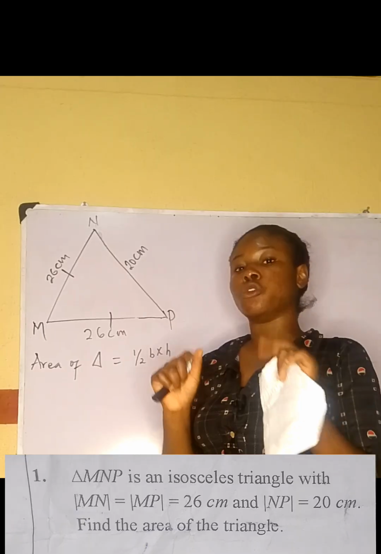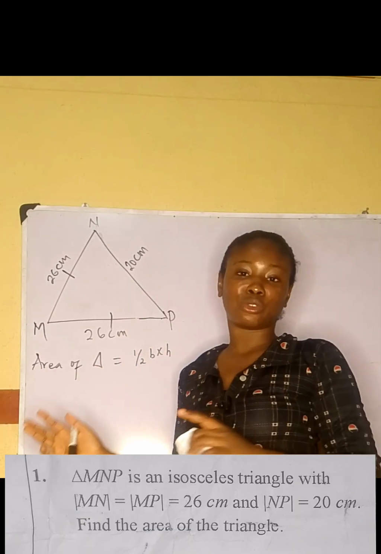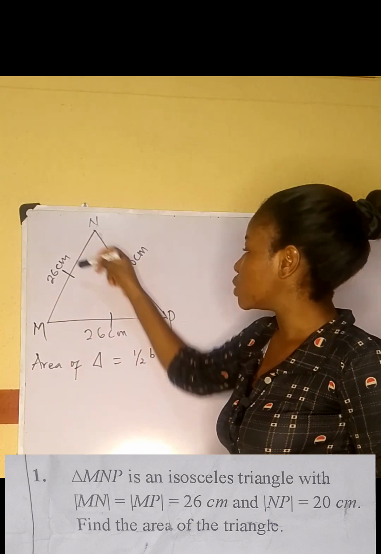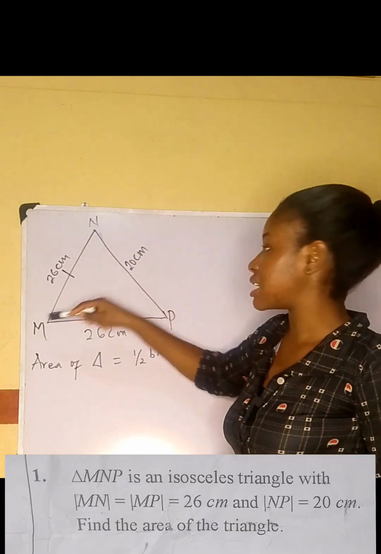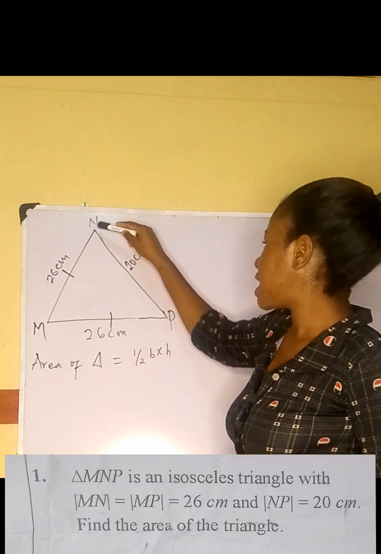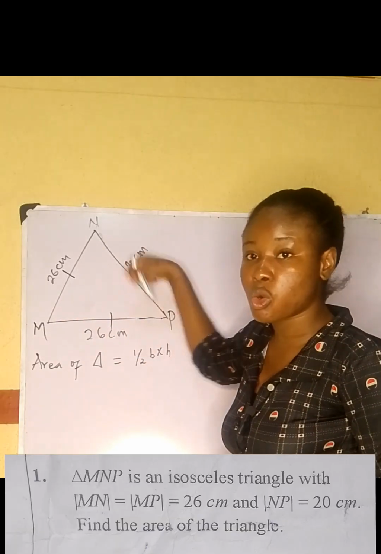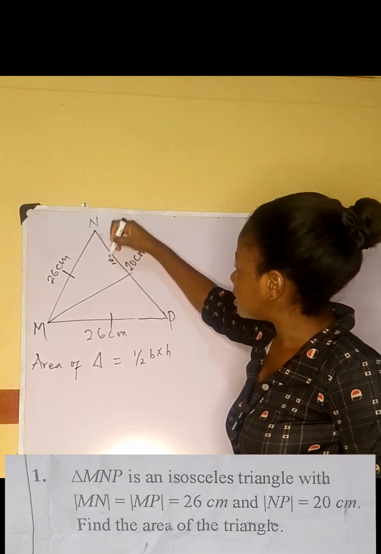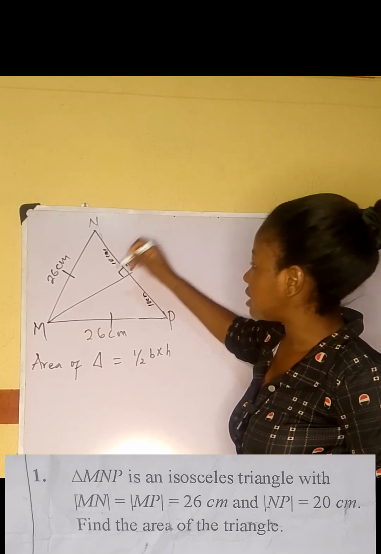And we know that if you bisect an isosceles triangle, you end up having two right angle triangles. So to bisect this, I have to draw a line in between those two equal sides. If I bisect this, it divides the base into two equal parts, this side and this side are equal. So if I draw a line here, here will be 10 cm and here will be 10 cm, and this is a right angle.